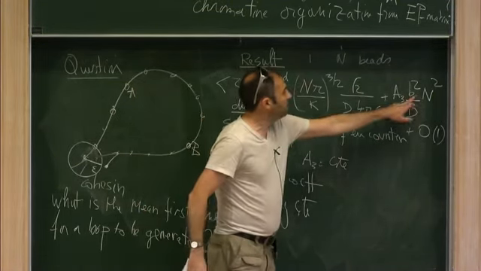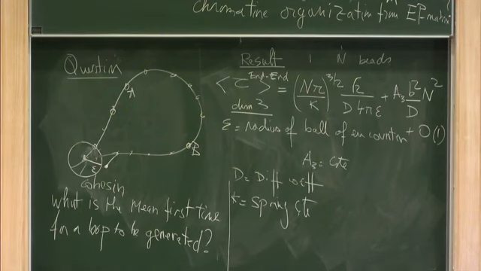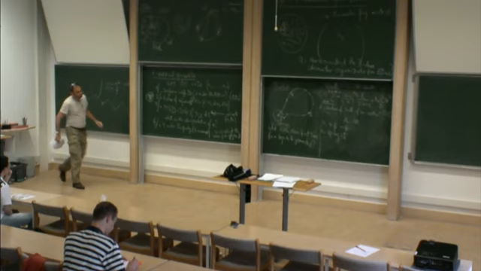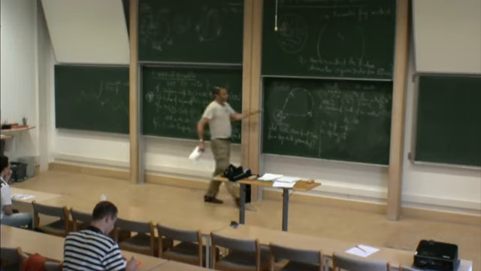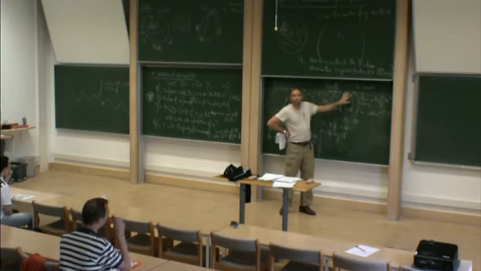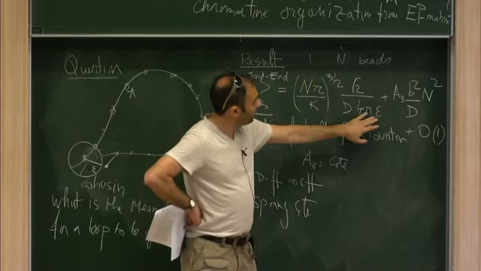And b is the mean square displacement between two neighboring beads. So we know exactly how it depends on the total length N and epsilon.